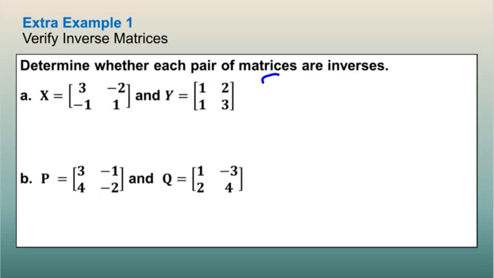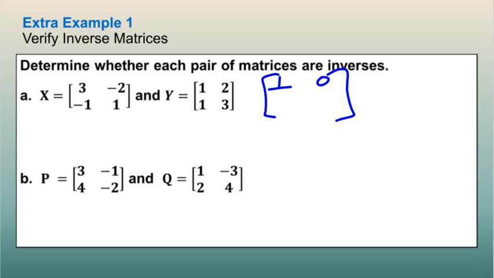Next, let's try these. So we have 3 times 1 plus negative 2 times 1 equals 1. And we have 3 times 2 plus negative 2 times 3 gives us 0.